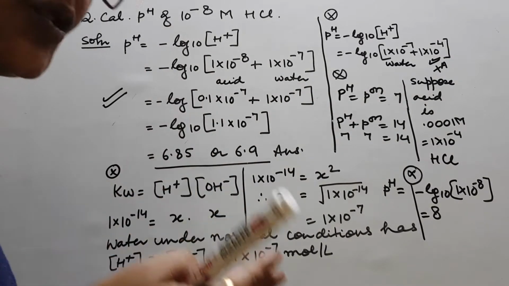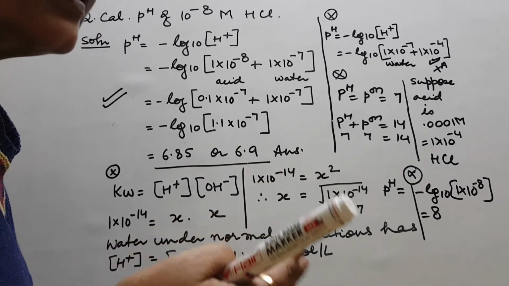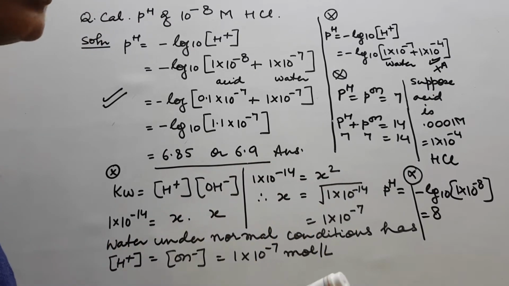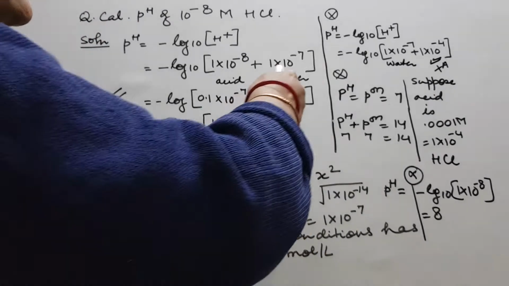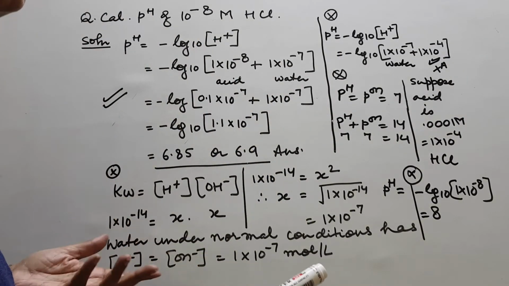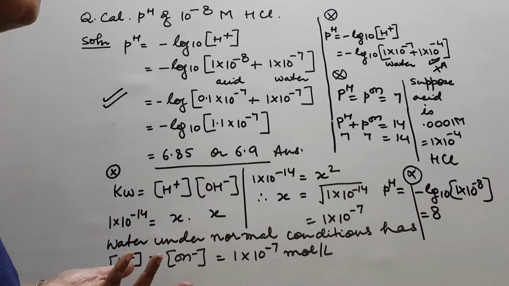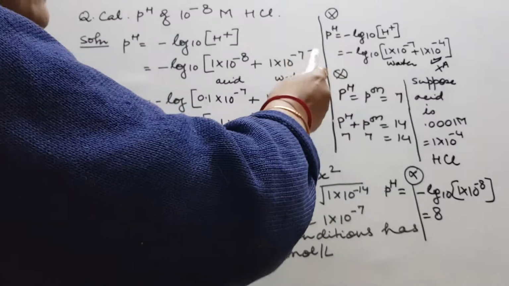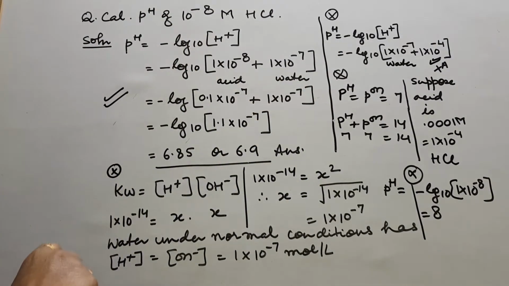So, which book, which teacher, which concept, which logic will say that you ignore this and you go with this? No way. Nobody can teach us. No logic says that you ignore this value and you calculate with this.